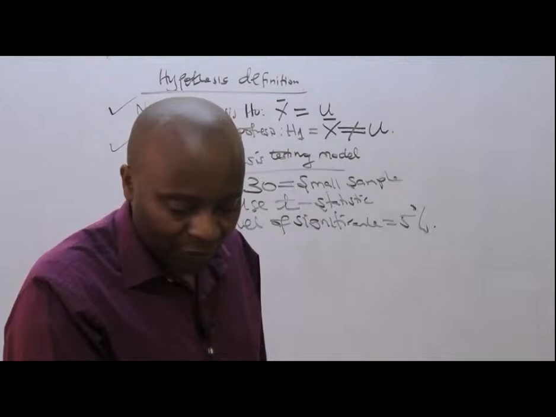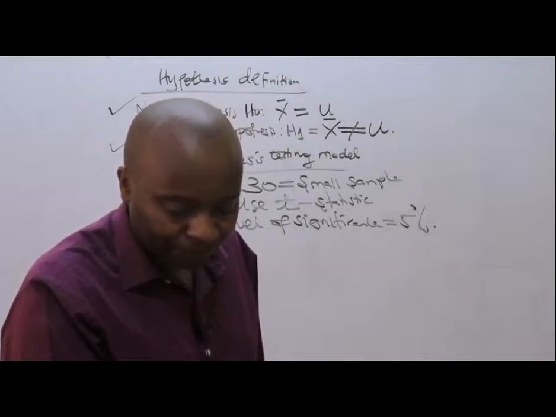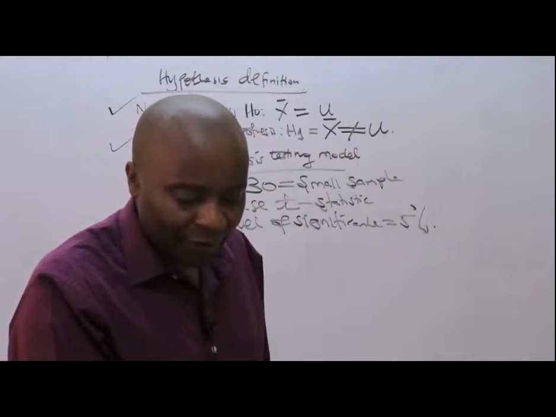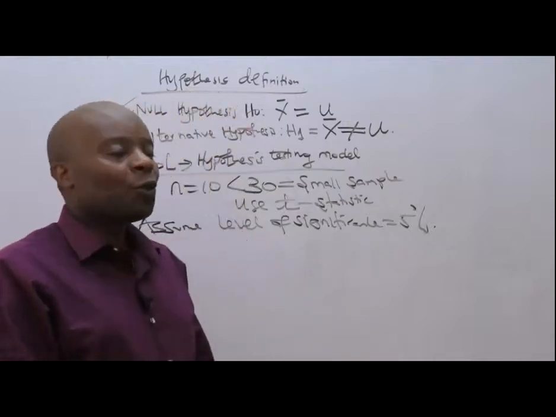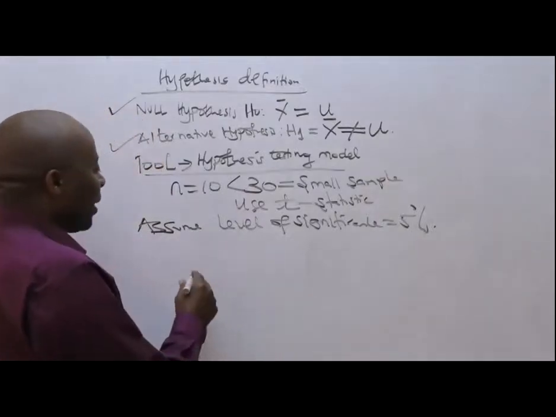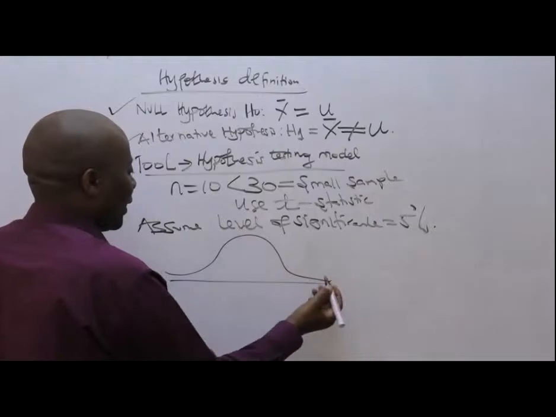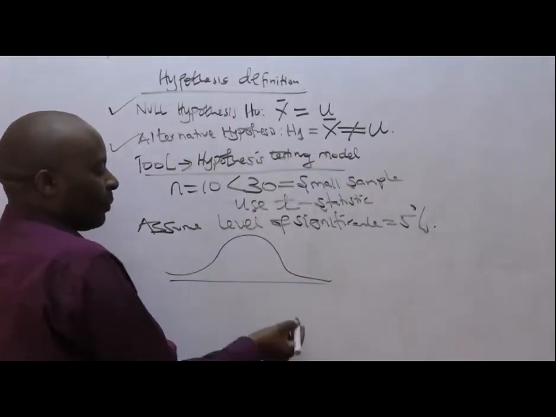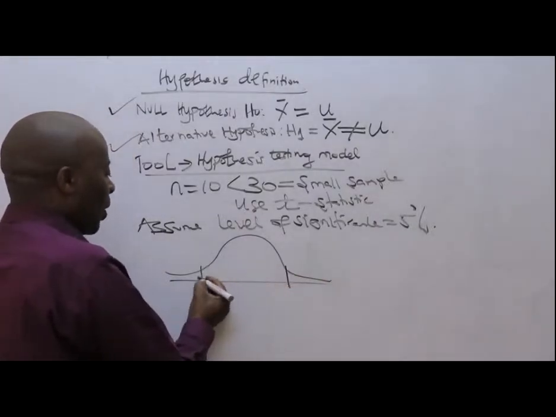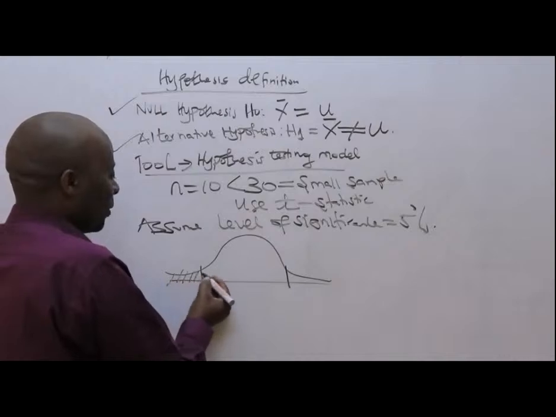Assume that the level of significance is 5%. Now, ladies and gentlemen, if it's 5%, I'm going to put down my T model. The T sketch looks just like the normal Z. But this time around, this is going to have how many tails? 2 tails. I'll explain why.